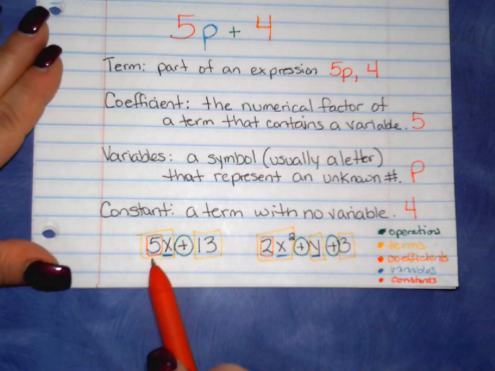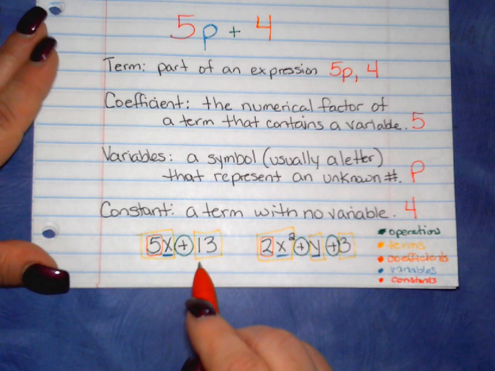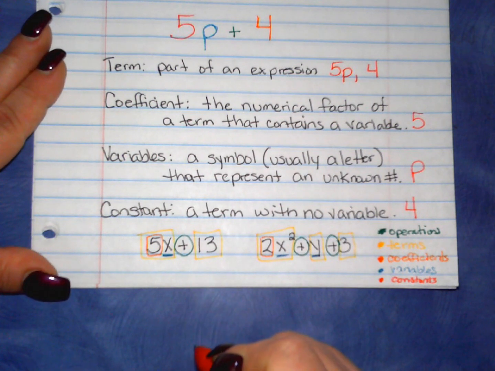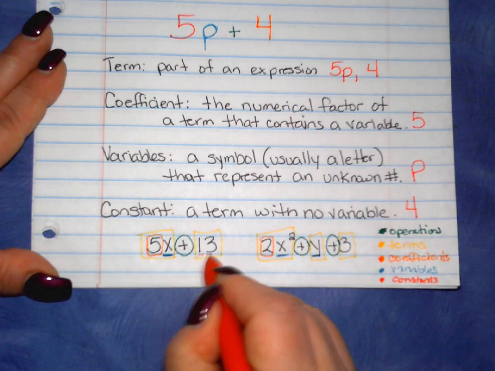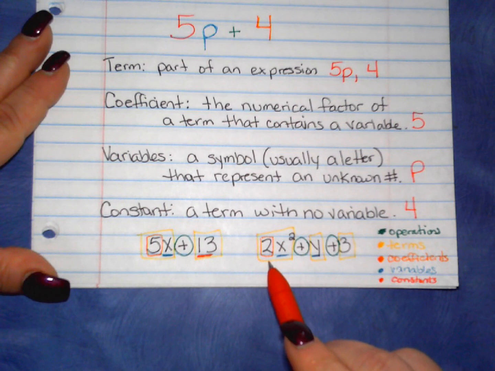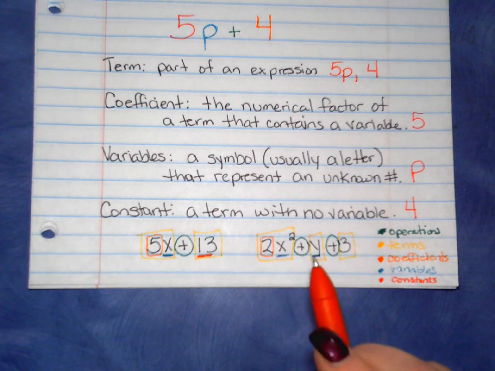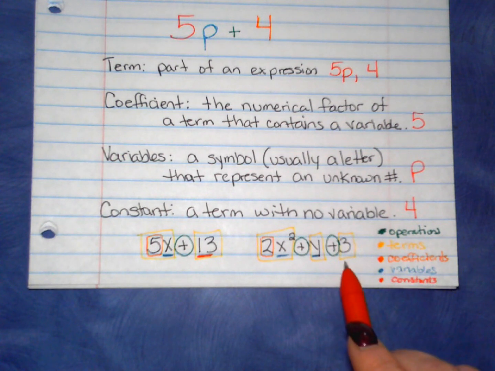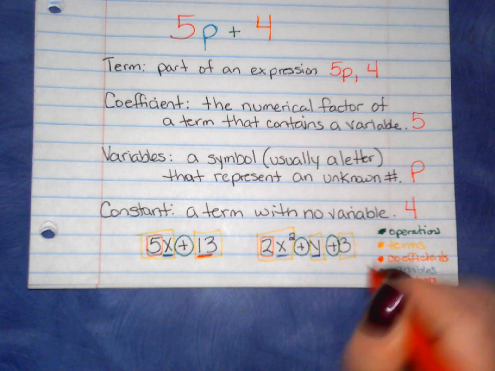So 5 is not constant, but 13 is 13 is 13. So 13 is a constant, so I'm going to underline that. 2 is not a constant because remember, it could be 15x or any other number in front of that x. But 3 is a constant because 3 is 3 is 3.